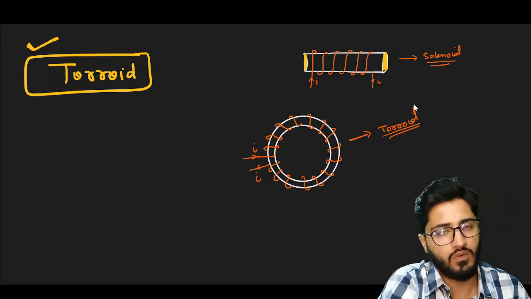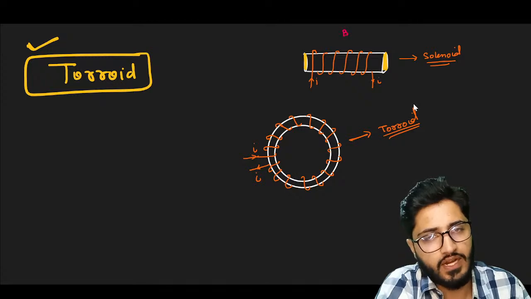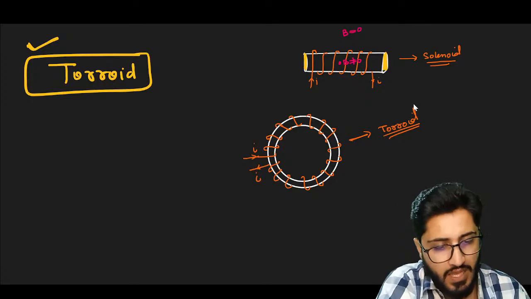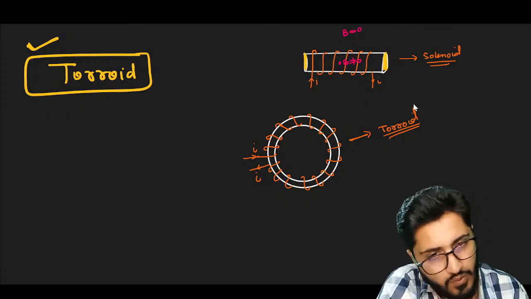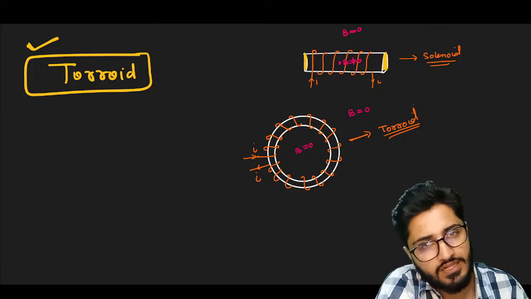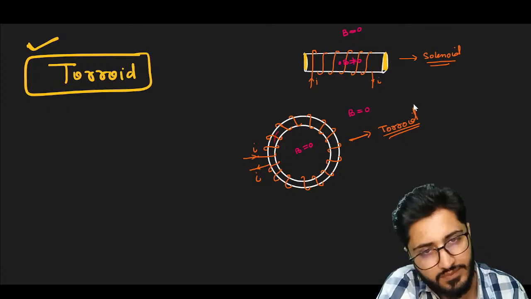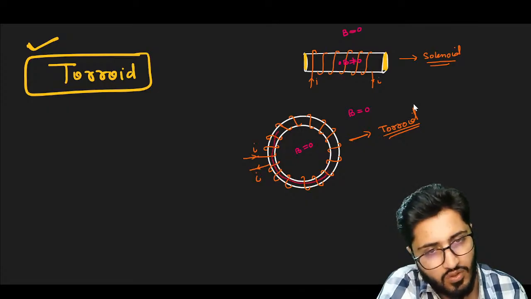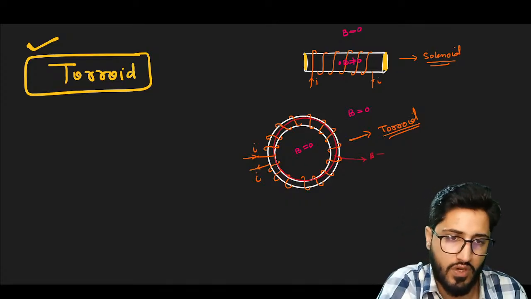Now we know that outside the solenoid, the magnetic field is zero, only inside is present, mu naught n i. And if we talk about this toroid, outside it is 0, and here in the hollow part it is also 0. But inside the core material it is not 0.